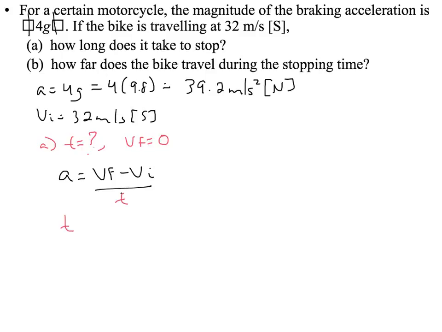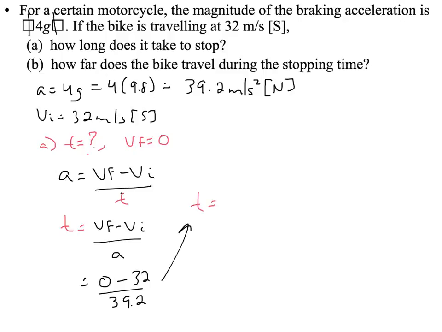We know that now T is going to equal VF minus VI over A. You plug the numbers in. VF was 0. 0 minus 32 over our acceleration of 39.2. And we end up getting T is equal to 0.82 seconds. Sorry, one slight addition. That is a negative acceleration since it's moving in opposition to motion. And that will give us a positive time value.